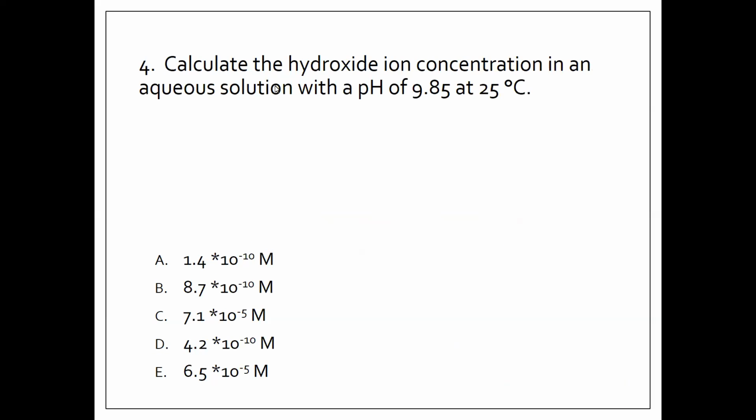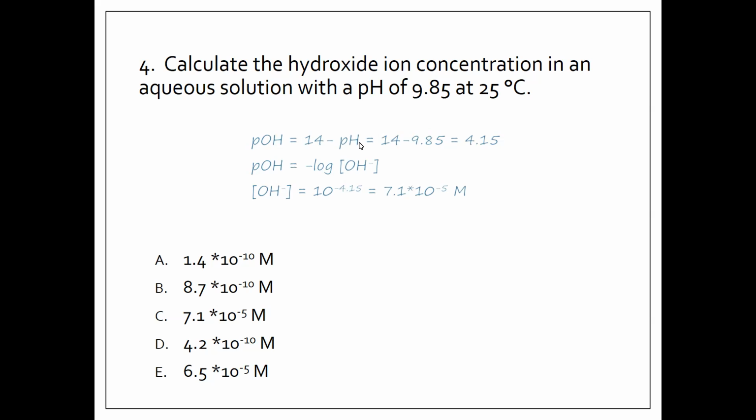Now in 4, we're calculating the hydroxide ion concentration in an aqueous solution, and they've given us the pH. So we need the OH concentration, and we're given the pH. If pH is 9.85, one of the ways I'm going to do this is convert my pH into my pOH.